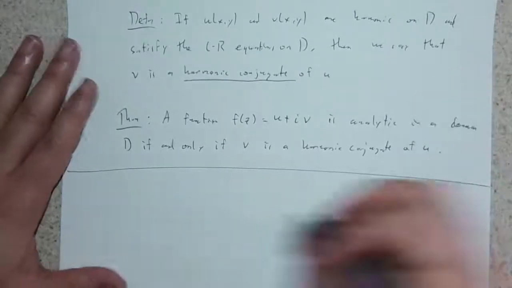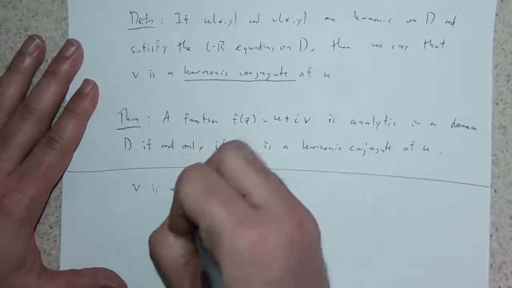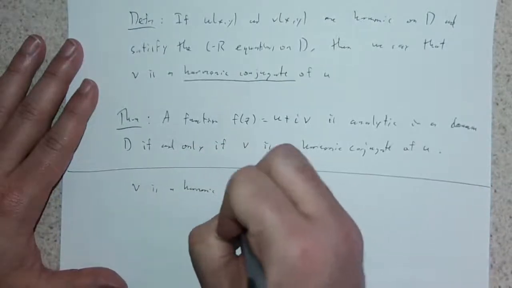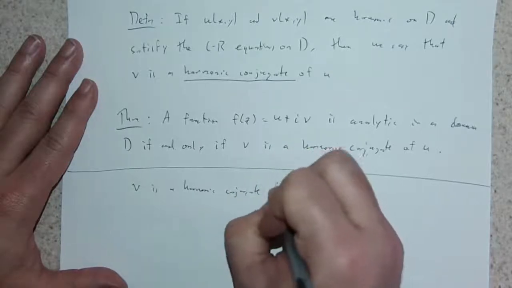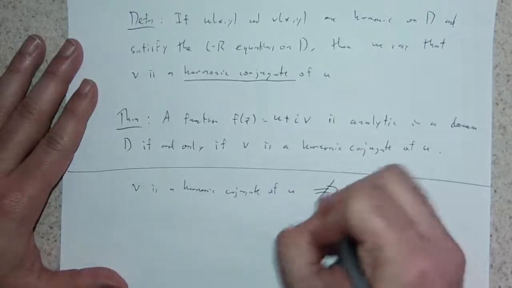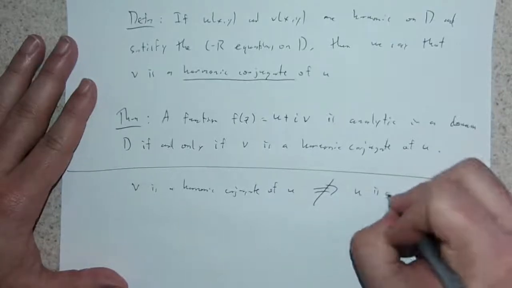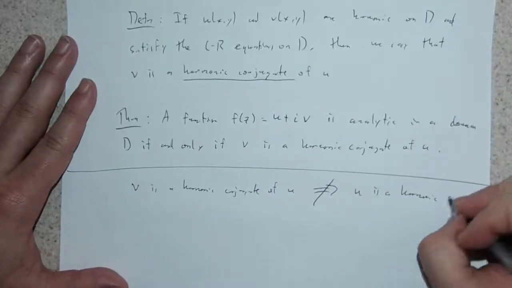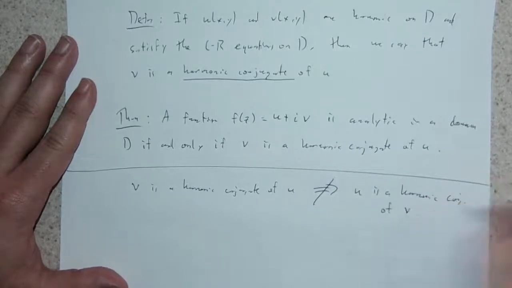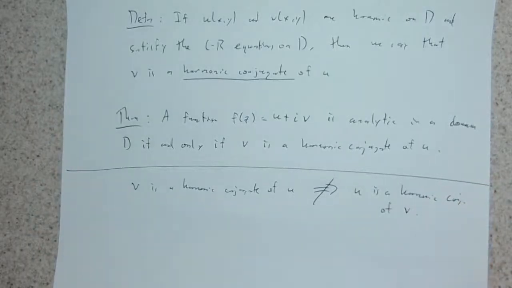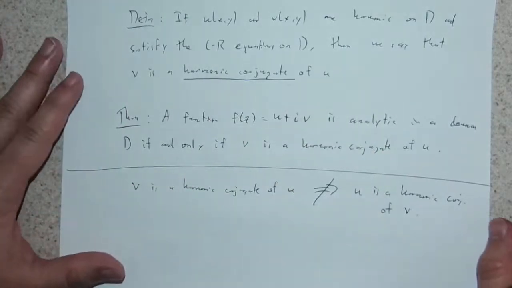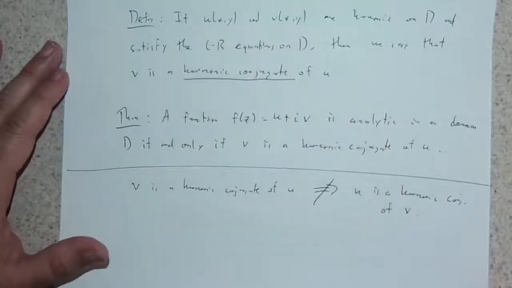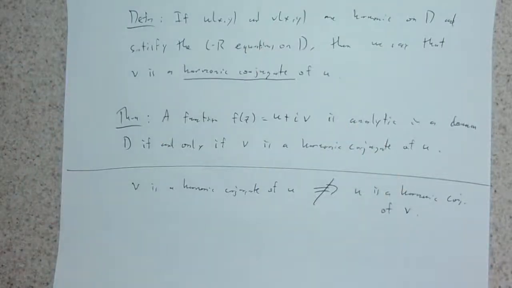So v is a harmonic conjugate of u does not necessarily imply that u is a harmonic conjugate of v. How could this be? The way that I phrased it, you might think that the symmetry here is not that important.